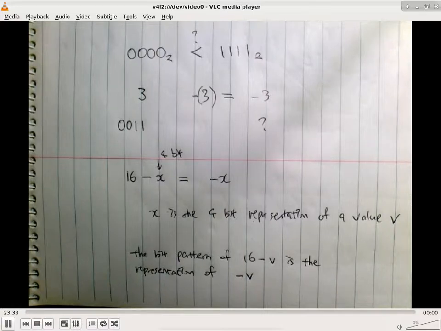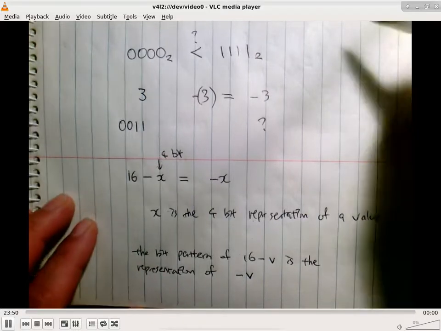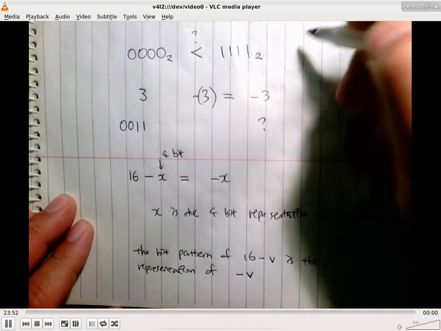That's what I'm claiming. So let's look at this statement and make sure that we understand what it is talking about. I'll give some concrete values, okay? So let's say v is -3.